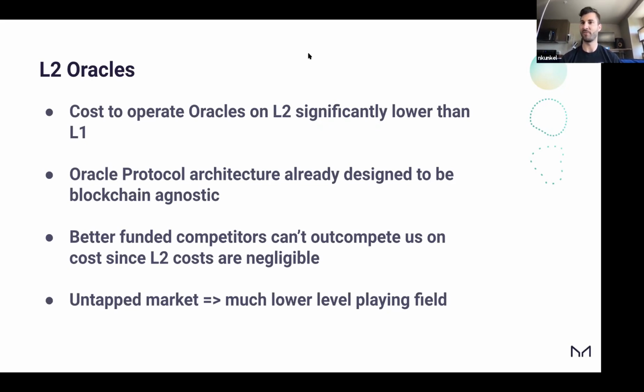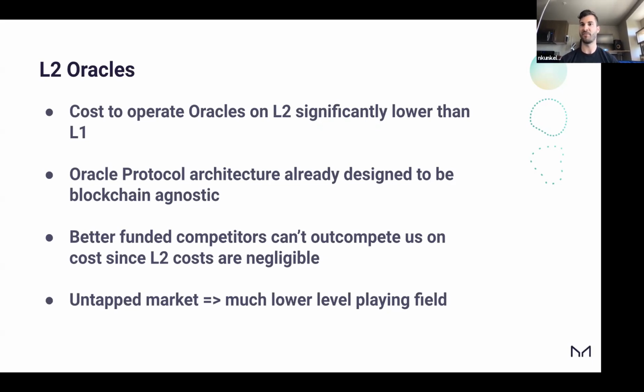We then look at the fact that the Oracle protocol as it is today, the way we've architected and designed it, is already blockchain agnostic. We already run price oracles on Starkware today, and it is not difficult to implement.